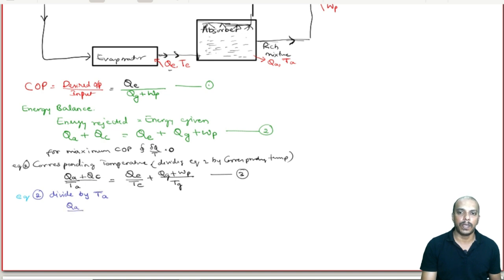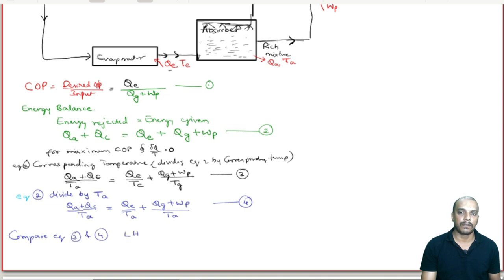That will be QA plus QC by TA on the left side, and the right side will be QE by TA plus QG plus WP by TA. The same equation 2 is divided by TA. This is equation 4. Now, we can compare equation 3 and equation 4.